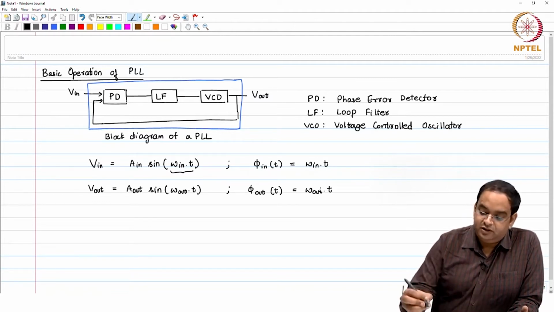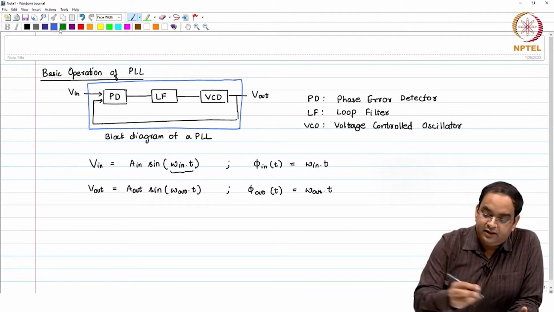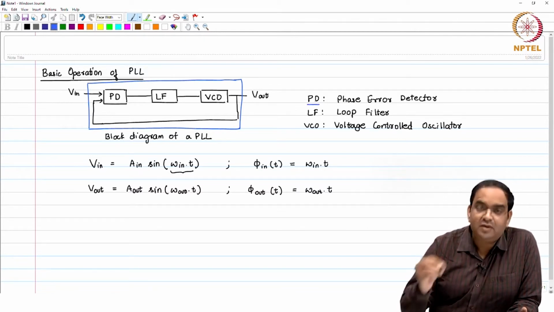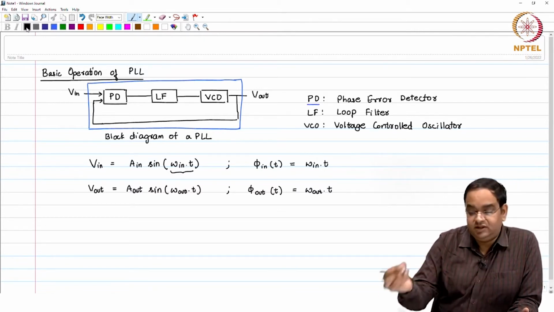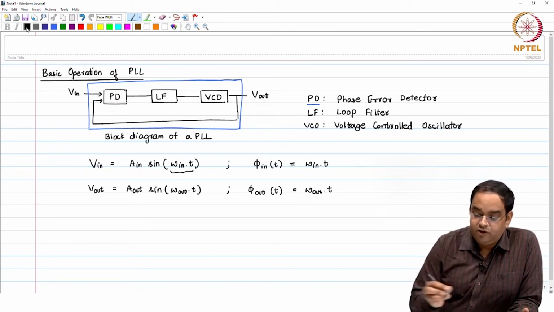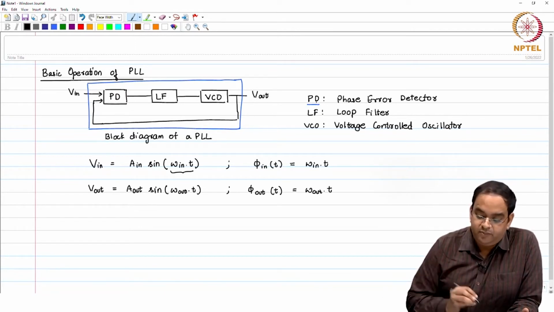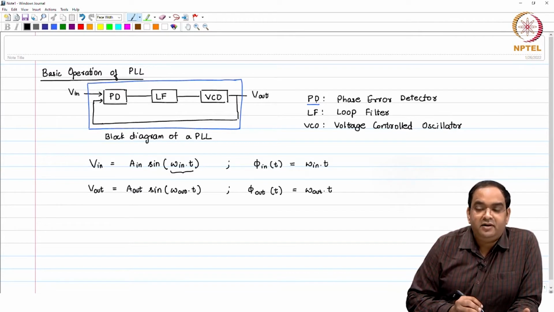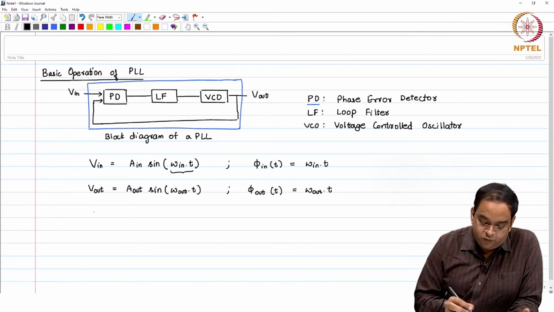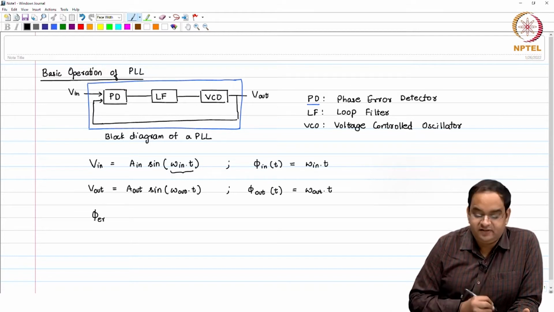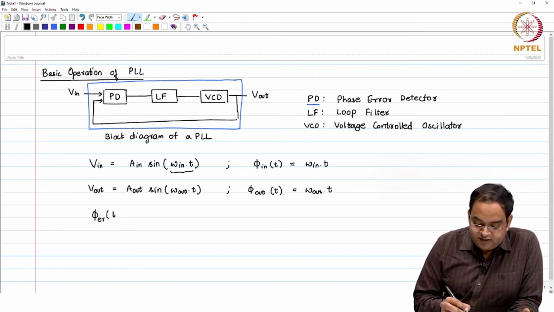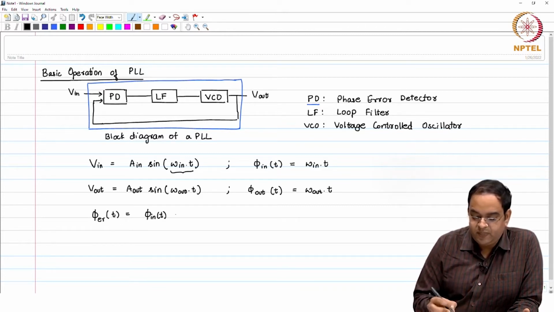This block, the phase error detector, somehow, we do not know how for now, computes the error between the input and the output phase. So, I define a term called phase error. Phase error at any given instant of time is your input phase minus output phase.